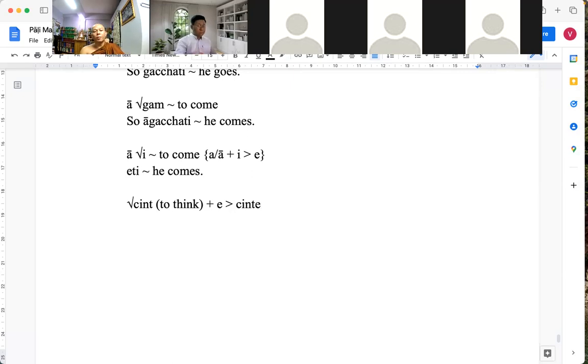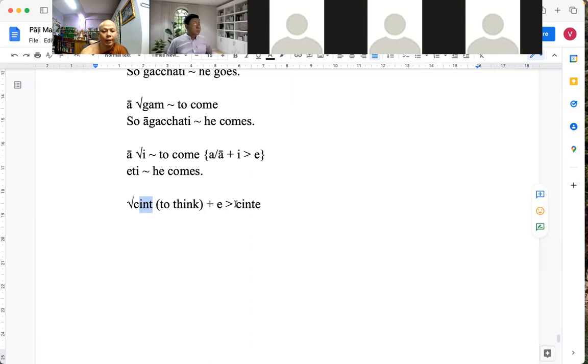But you may remember, if we use sign A, the root vowel changing happens. That rule we already learned in lesson 2. But here, those vowels followed by double consonants, that rule will not be applied. Exception.